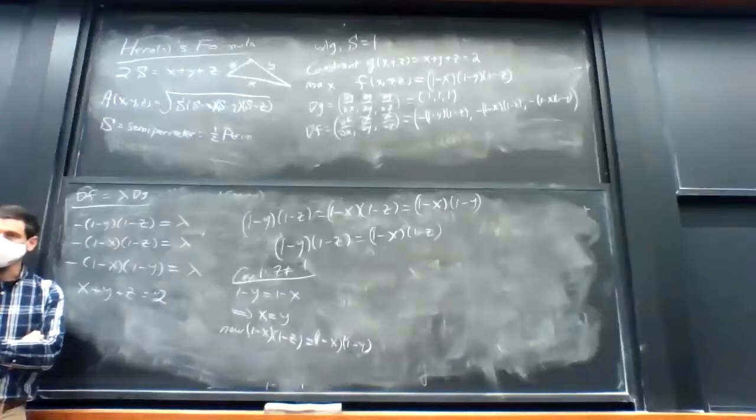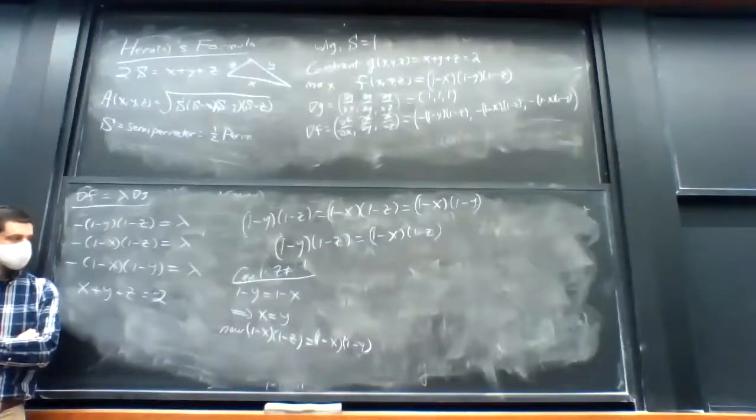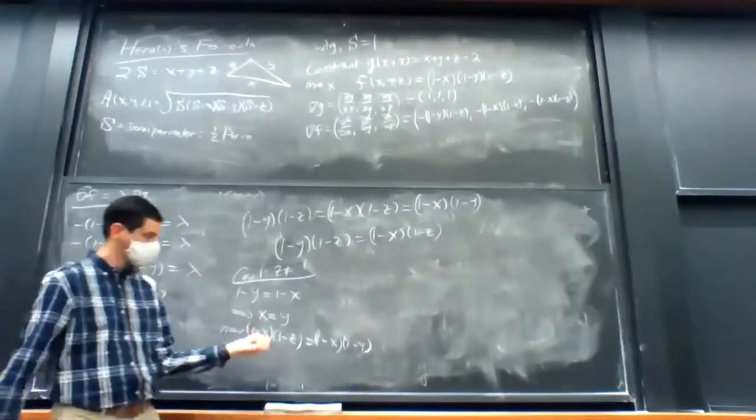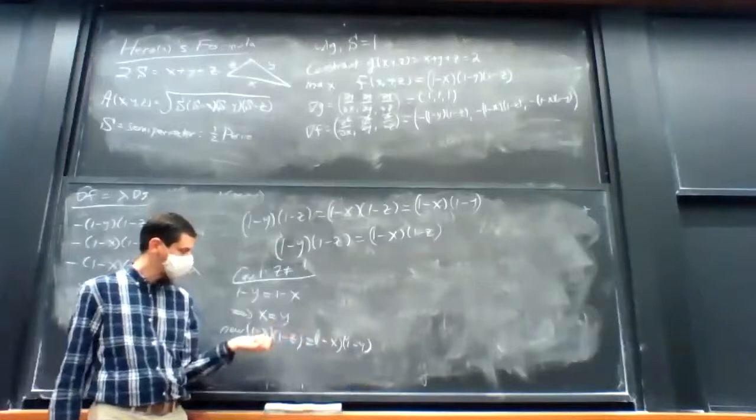We know x equals y. What would you like to assume now? What would you like to deduce? That z is equal to 1. We'd like to deduce that z equals y equals x. Can we cancel the 1 minus x from both sides?